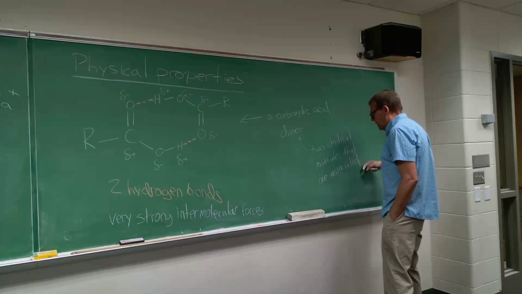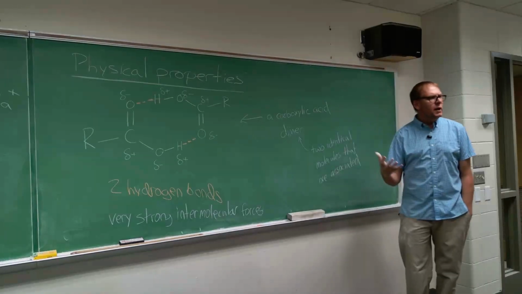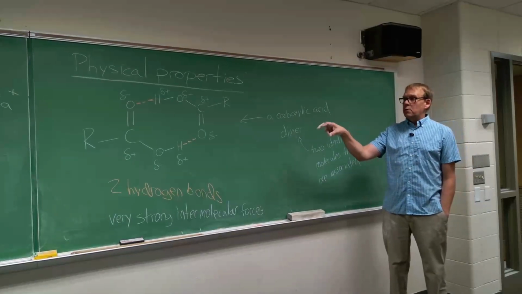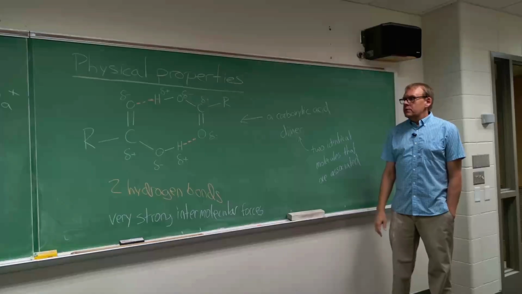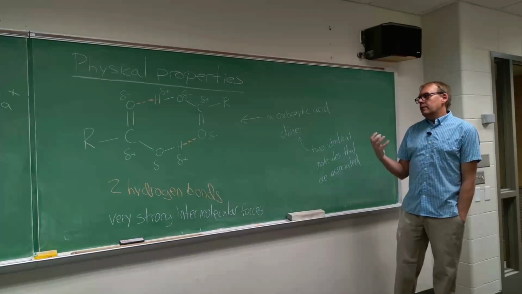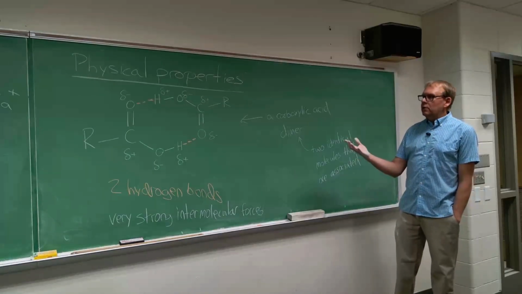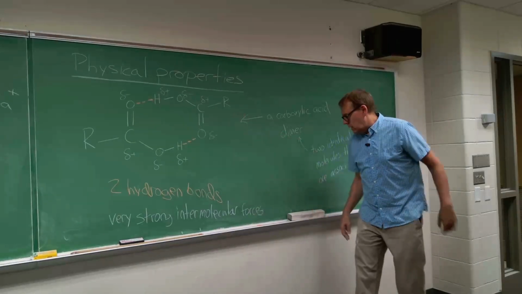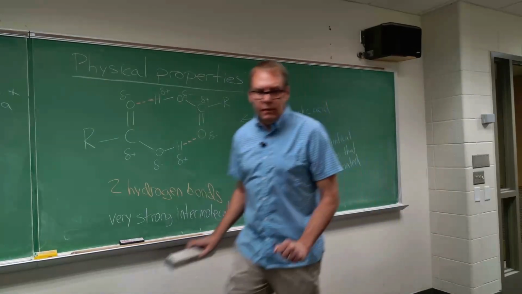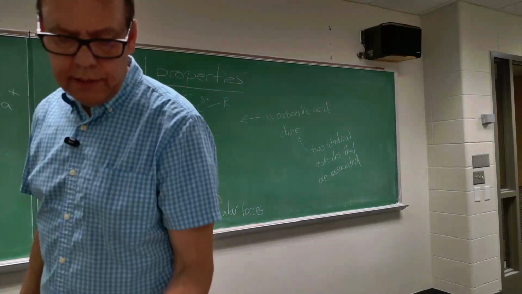And associated is kind of a generic term for saying they're stuck together somehow. These two form a dimer because it's two molecules held together by hydrogen bonding. So it leads to the molecule having a really high effective molecular weight, and it boils really high as the outcome. And we're going to look at some experimental evidence of that.